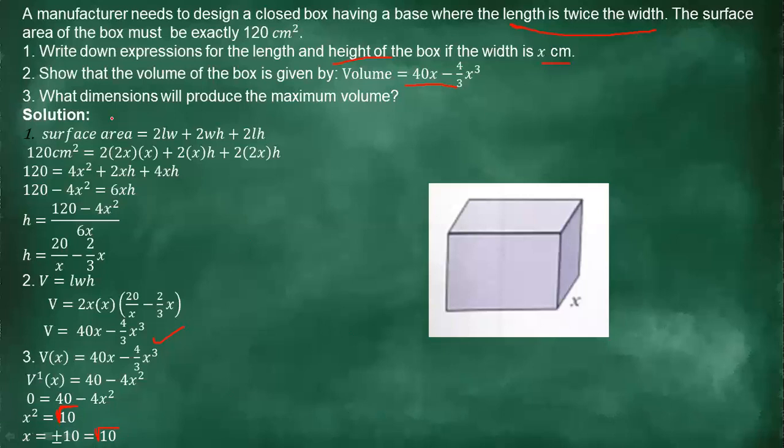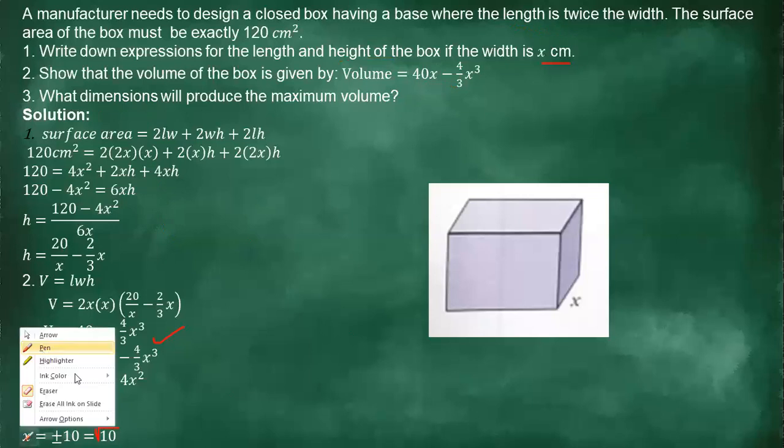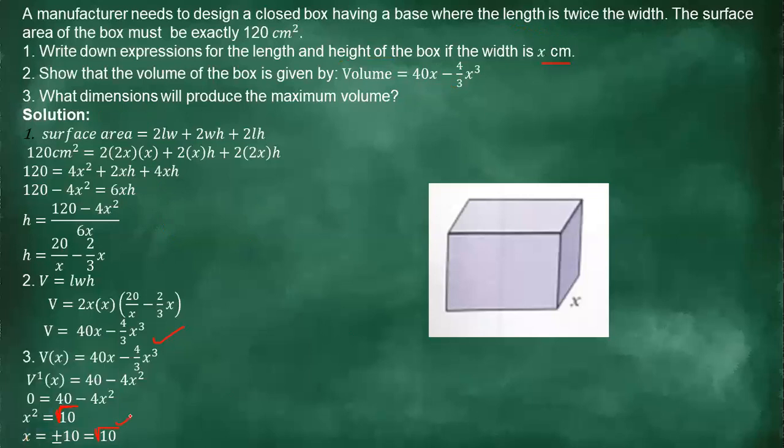But because they are looking for the dimensions, you just have to do what? Oh, sorry, let me just remove that line. Let me remove this one and this one, and then this one. All right, now because they are looking for the dimension, you take the value of x.